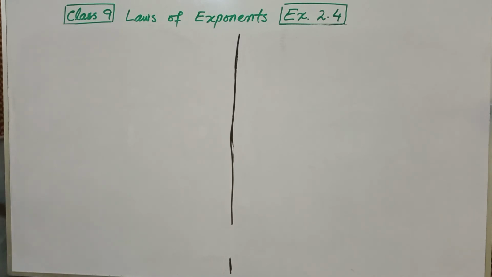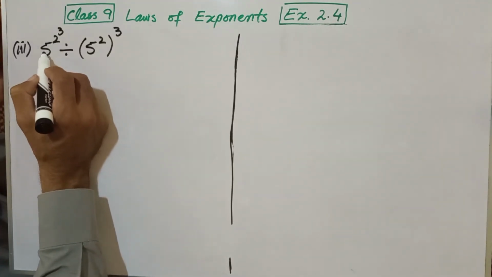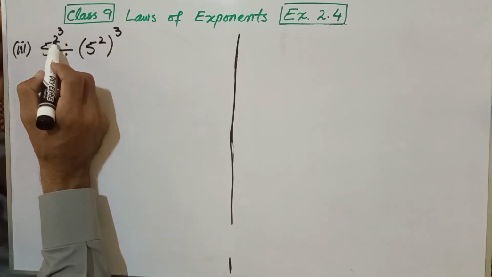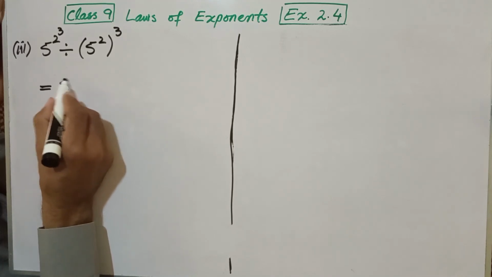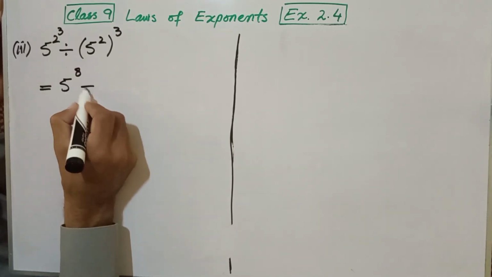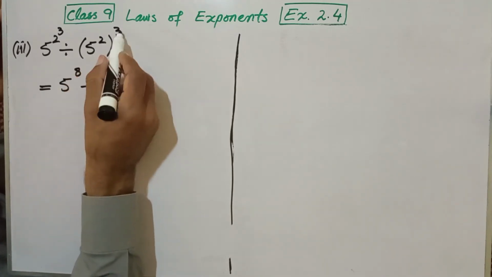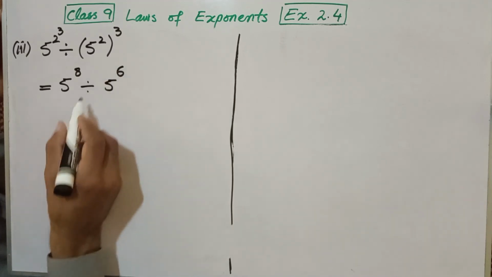I'll solve part 3. This is basically 5 power 2 power 3, that is 5 power 8, 2 power 3, that is 8, divided by, using the power rule, 5 power 2 3s are 6.